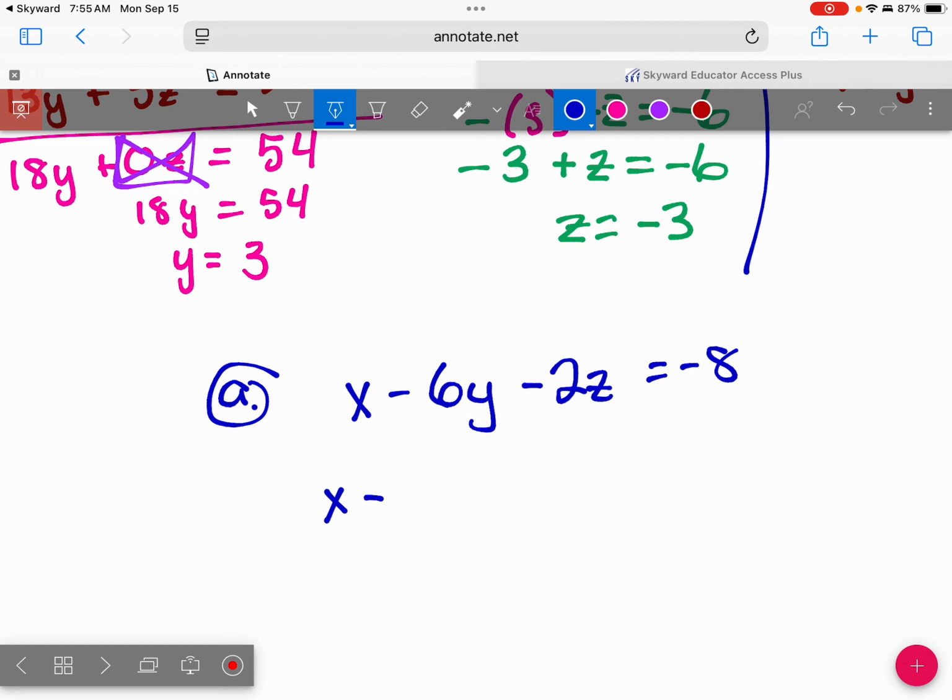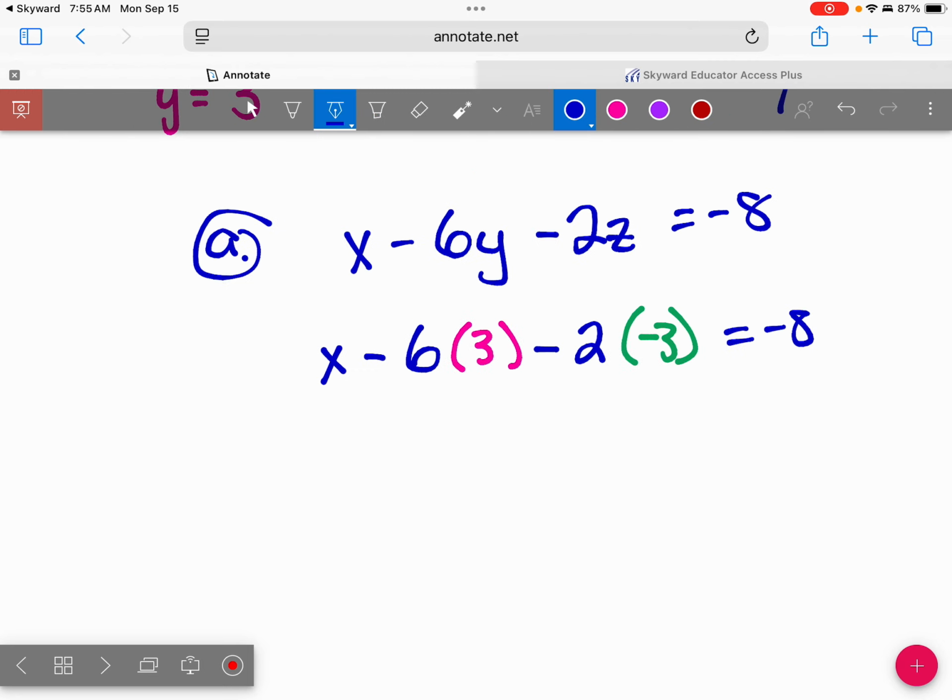My x minus 6 times 3 minus 2 times our negative 3 equals negative 8. And yeah, this one has a lot of minus signs, but we can do this. So we just need to be careful.